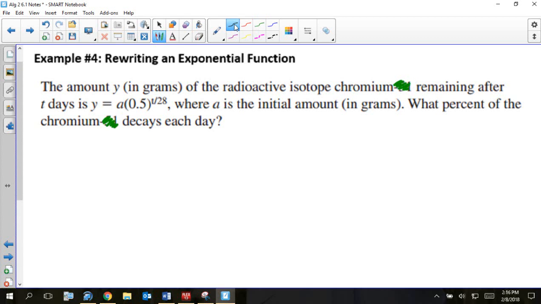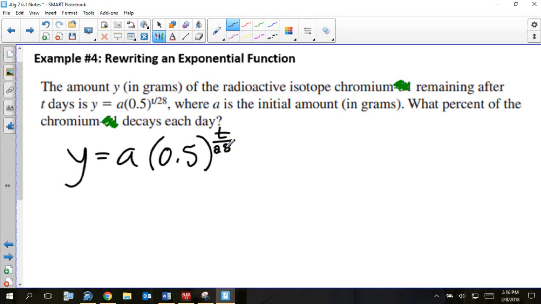We need the equation y equals A multiplied by 0.5 to the t over 28, where A is the initial amount. What's the percent that this isotope decays each day? We have to find the percent.